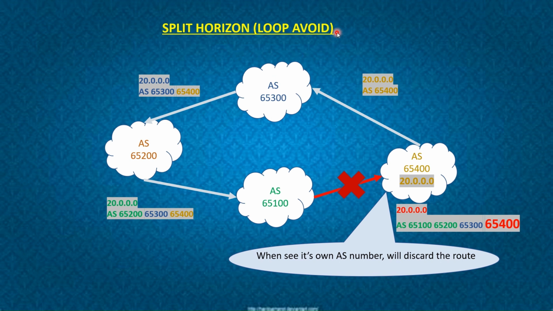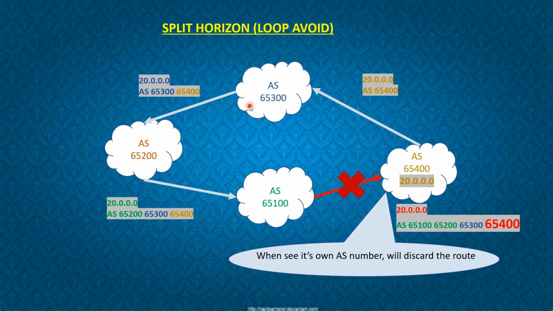Split horizon rule in BGP. Split horizon is a technique to prevent the network from loops. There are two concepts behind it. Very first, if there are IBGP neighbors in BGP, one IBGP neighbor cannot forward the learned route to the next IBGP neighbor.